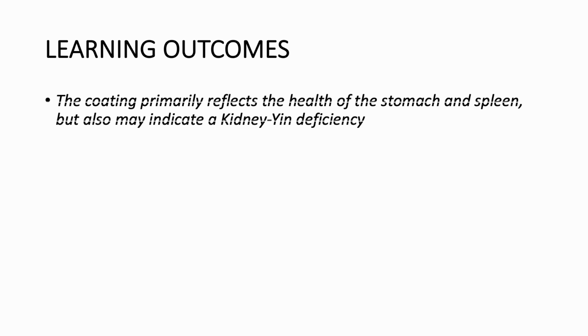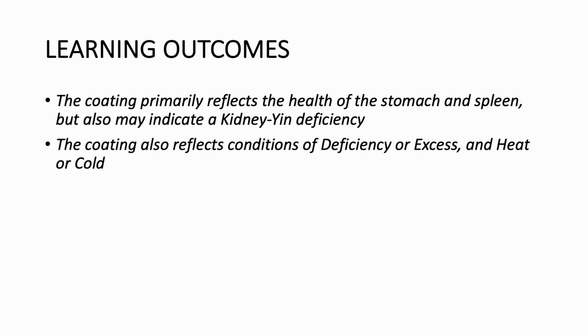We have reached the end of the topic on tongue coating, and we are expected to have understood that the coating primarily reflects the health of the stomach and spleen, but also may indicate a kidney yin deficiency. The coating also reflects conditions of deficiency or excess and heat or cold.